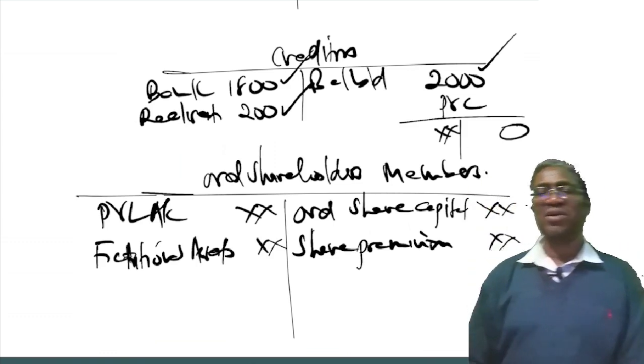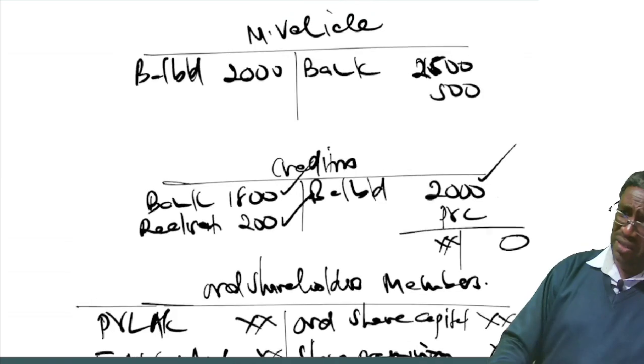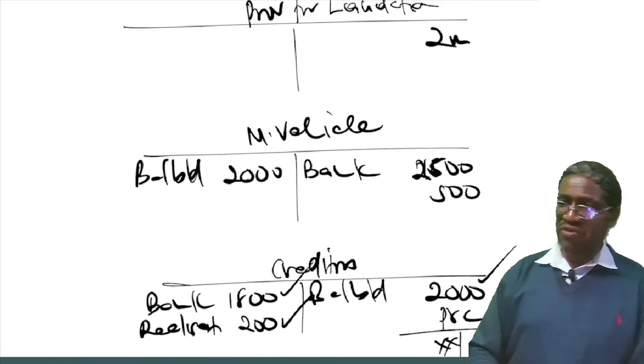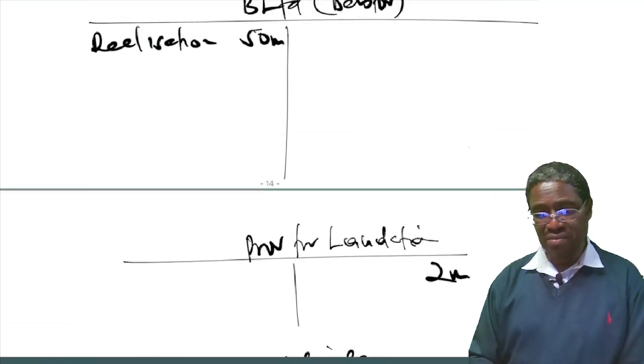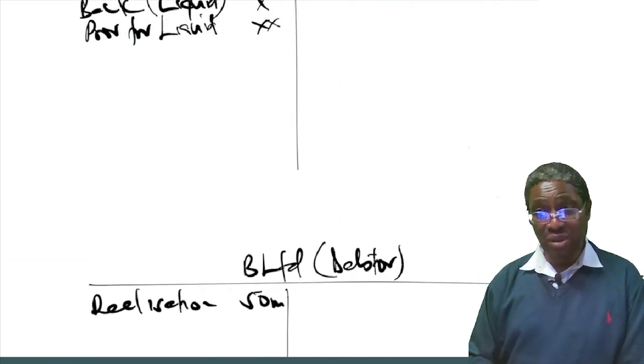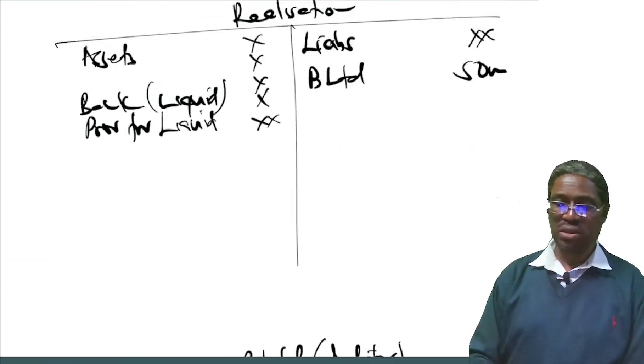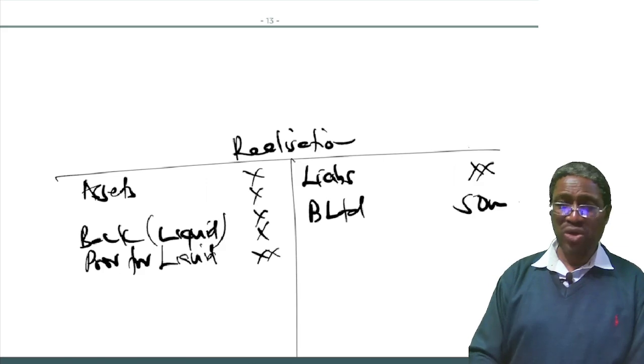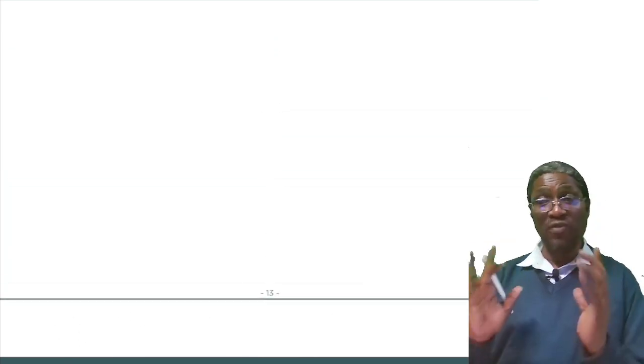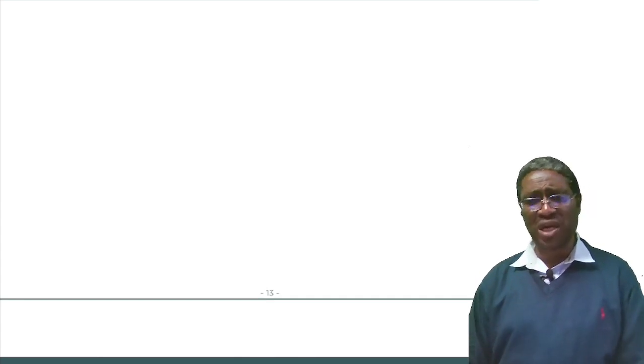Good. Now, before I go to number 10, listen. What I want you to remember so far, I hope you are looking at this procedure. I just want to give you an overview so that you don't have to cram. You don't have to cram these entries.